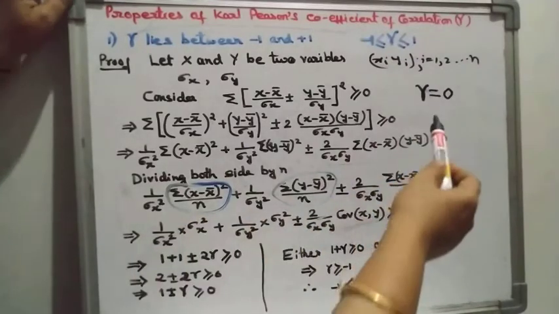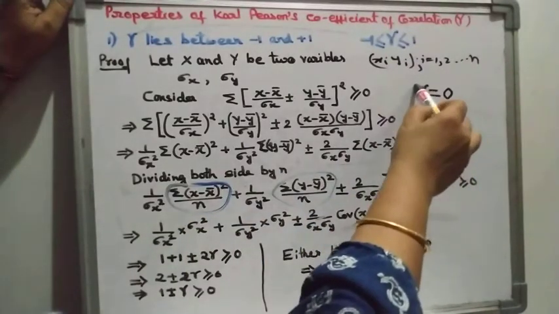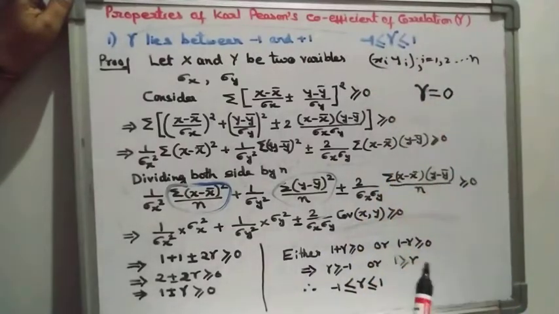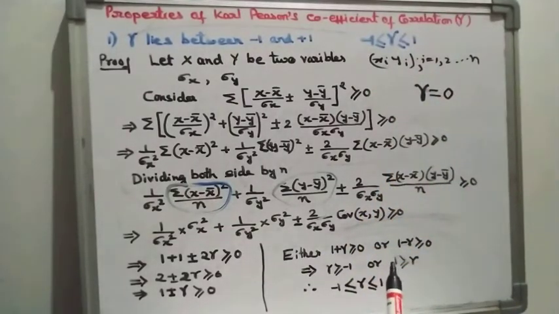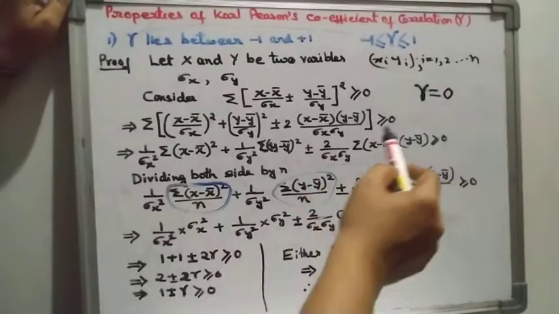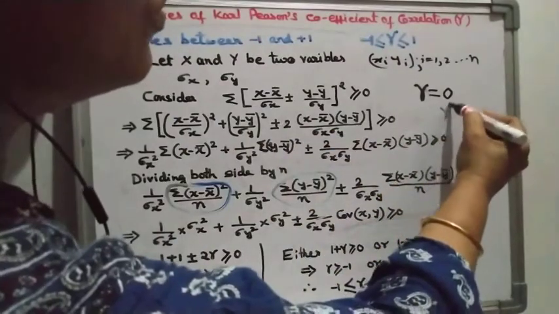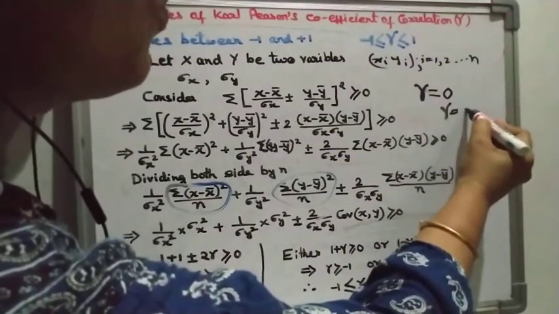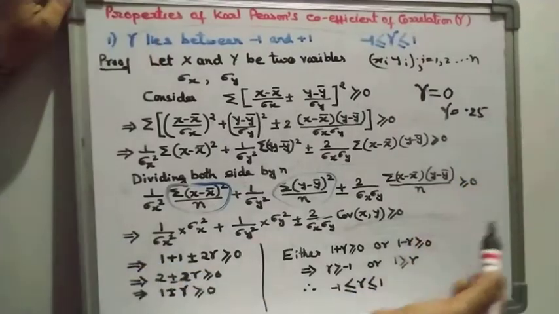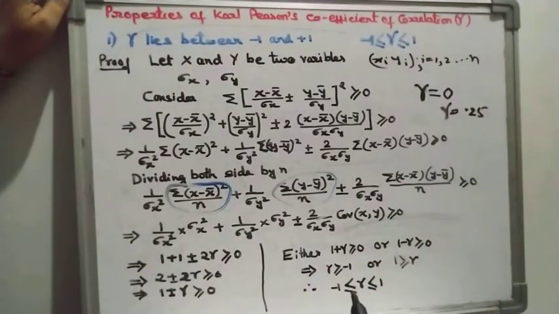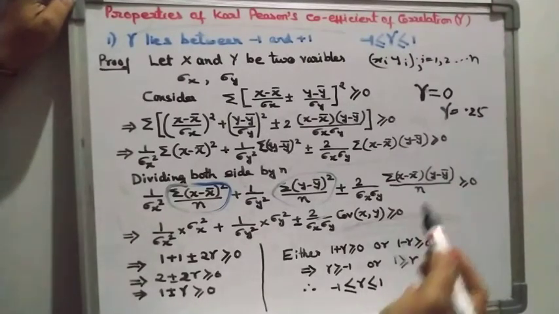So, when this rho value is 0, it means there is no linear relationship between the two variables, but they may be related in some other way. Other relationships may be there, but it shows that the linear relationship between the two variables is absent. And if you get a rho value, suppose 0.25, it means there is a positive correlation, but it is a very weak positive correlation between the two variables x and y.